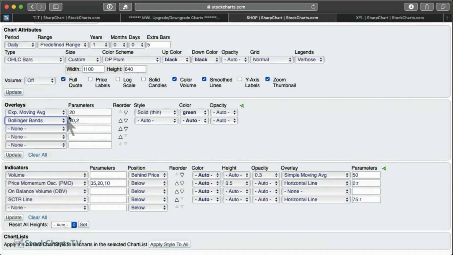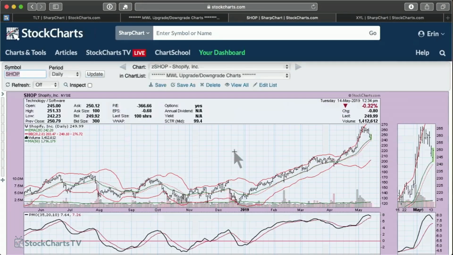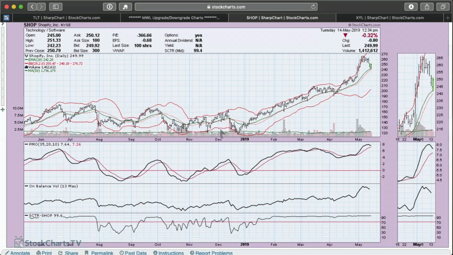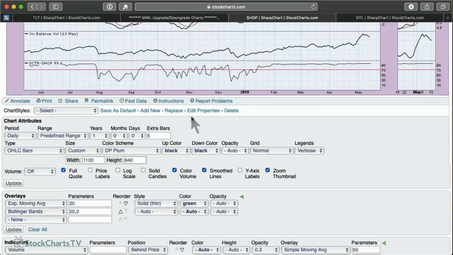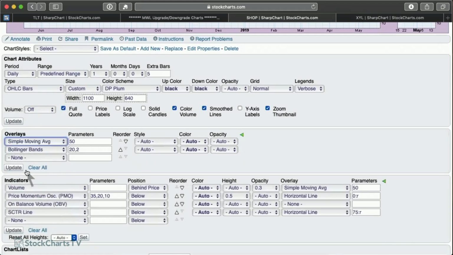And there's the 20, that's what we're talking about, and we're looking at two ATRs, I guess that's what it is, two sigmas. I have to remember my math. So basically I took a Bollinger Band that's going around a simple moving average. Well, obviously that average is not matching up with my 20-day EMA, so I'm going to change that just to make it a little more clear to a simple moving average.